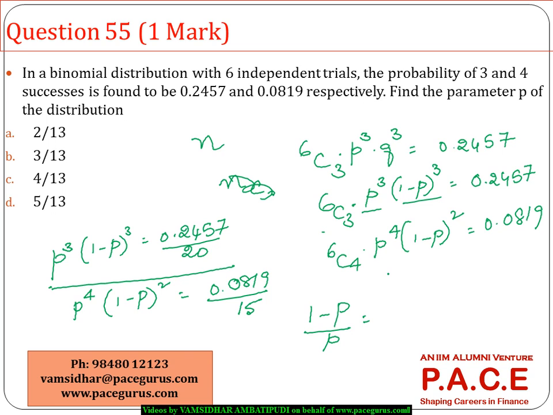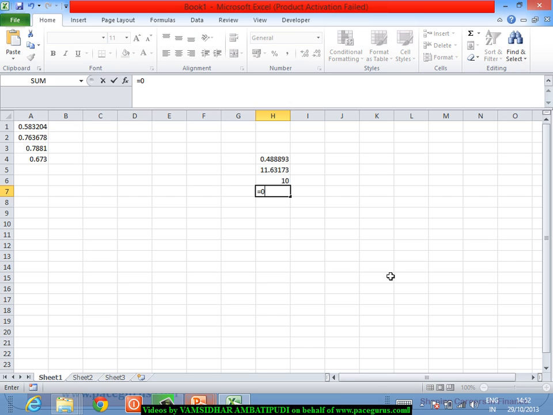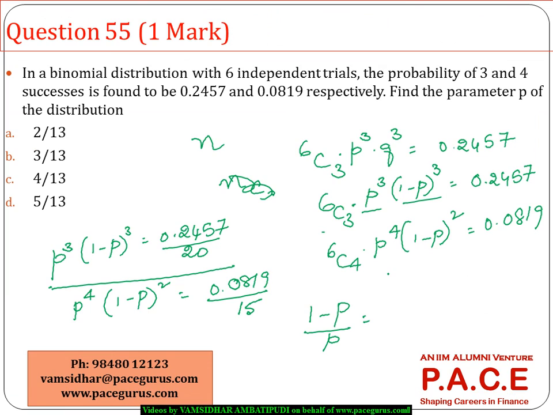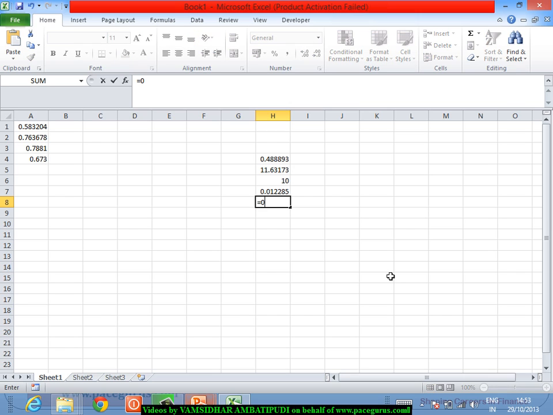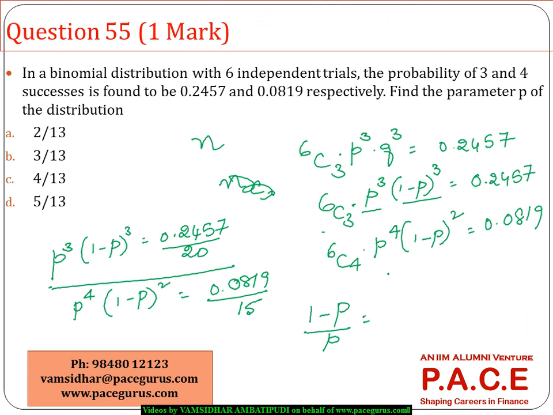Okay, let me try out 0.2457 by 20, that is the first part, and 0.0819 by 15. So these two things divided is what (1 minus p) by p is.